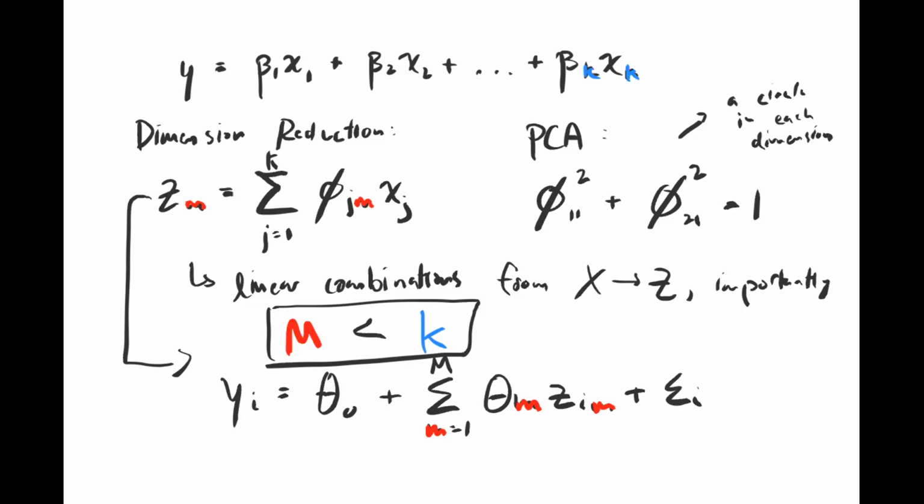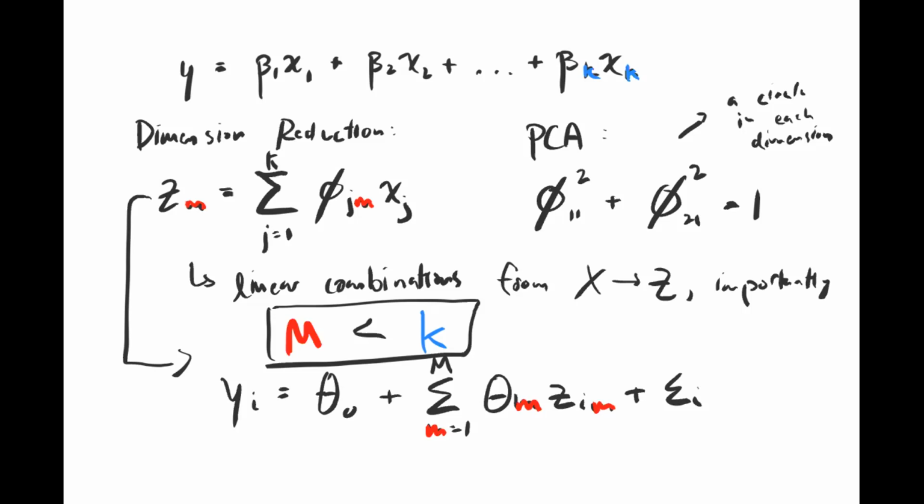In this case, you preserve all of the data, but you reduce the dimension size so that you regress on fewer explanatory variables, or you're regressing on essentially transformed predictors, and so your Z's are predictors that are linear combinations of your original X's.